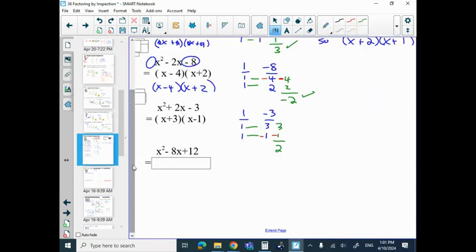Then the other type here, a weird kind of case where we have a 1 and a 12, and they're both positive. So 1 and 1, and let's try 4 and 3. Actually, let's try 6 and 2. I'll allude to why I did that, right? But 6 and 2 or 4 and 3 would be equal chance of choosing. So if we multiply straight across, we get a 6 and a 2. And if you're adding that up, you want it to be a negative 8.